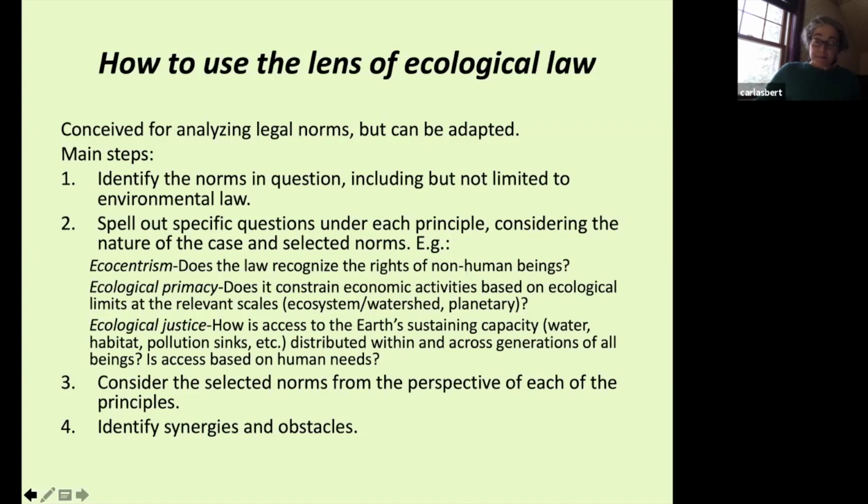So then, after setting out these more detailed questions, simply the next step is to go through all the selected norms and analyze them based on these principles. And then a last step is to identify obstacles and synergies that stand out from the analysis.